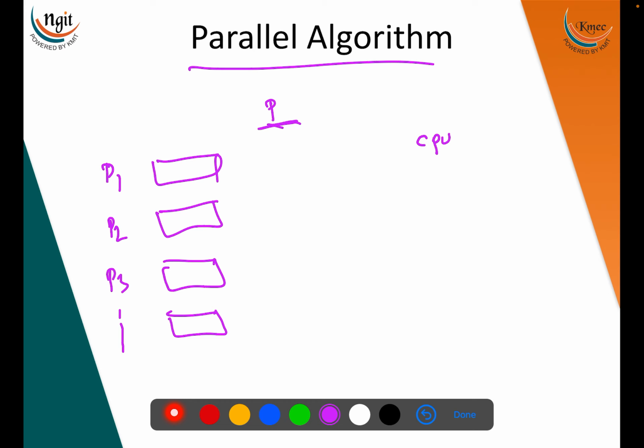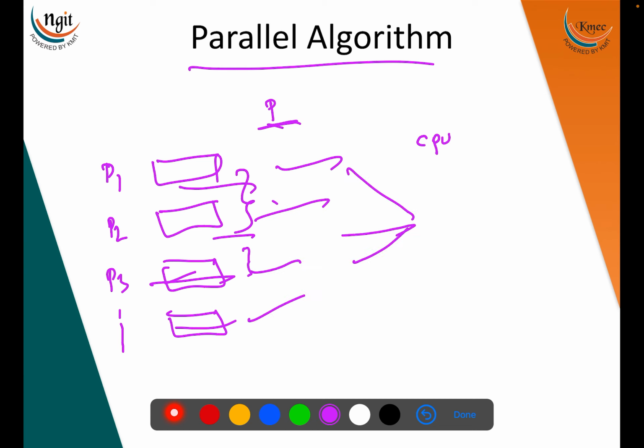That means parallel algorithms are algorithms to be run on parallel machines. A parallel algorithm can be executed simultaneously on many different processing devices and then combined to get the correct result. After dividing, these are individually executed and the solutions are finally combined into one. This is what a parallel algorithm means.